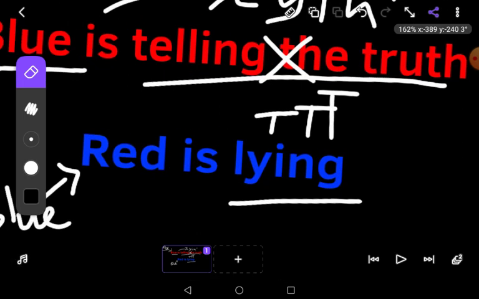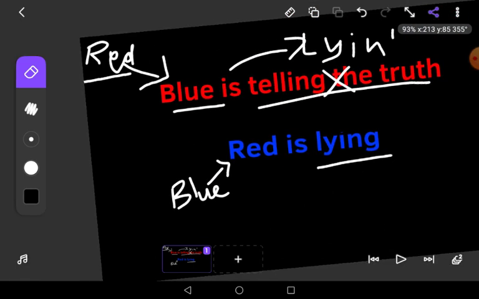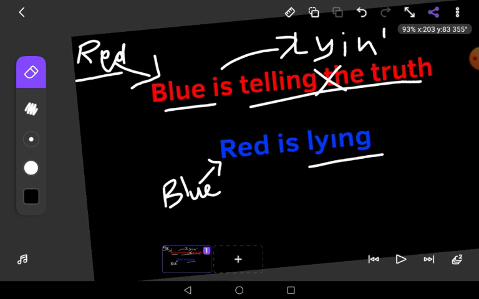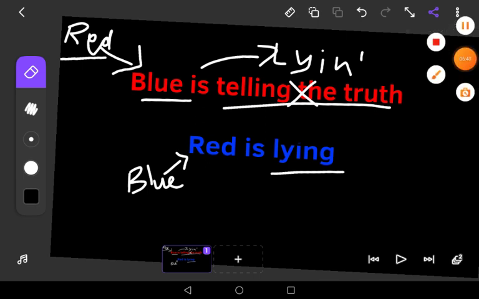This might be a bit confusing. Okay, hold on. That means, I'm already going crazy. Am I going crazy, guys? Wait, that hurts my brain. That means if red is lying about blue lying, that means blue is telling the truth.